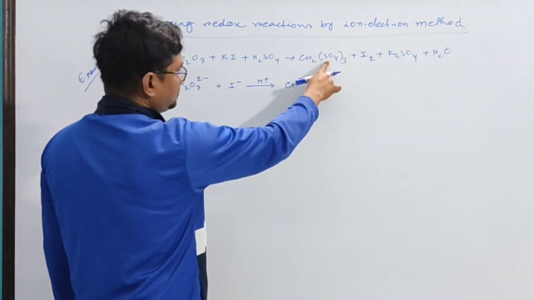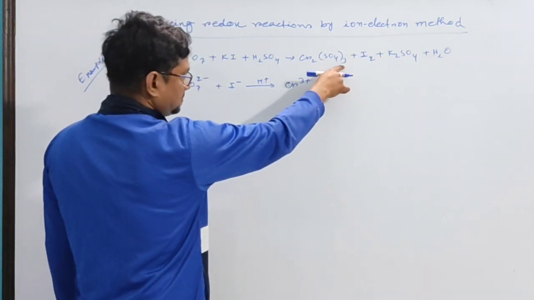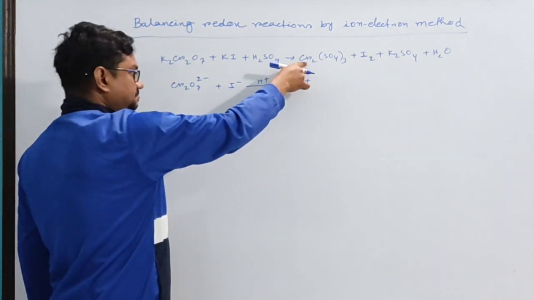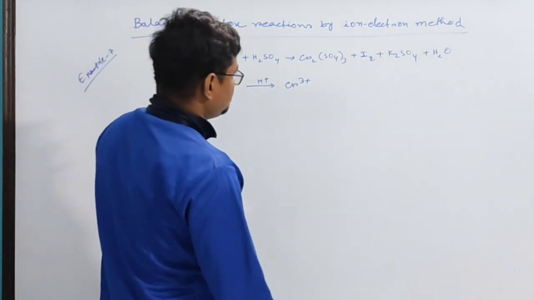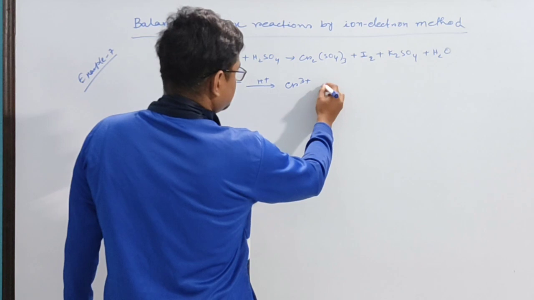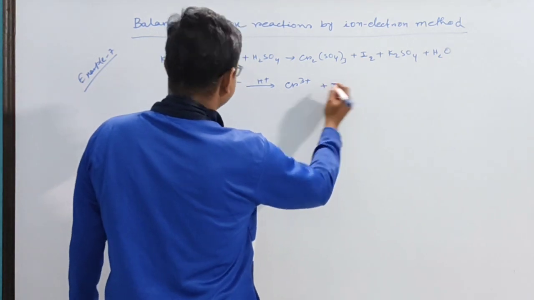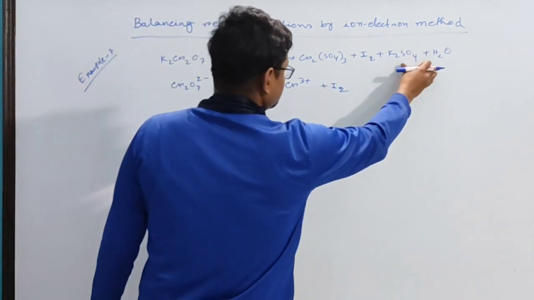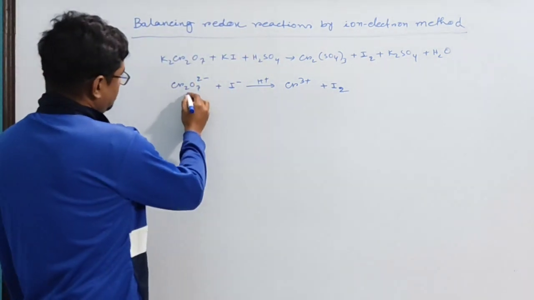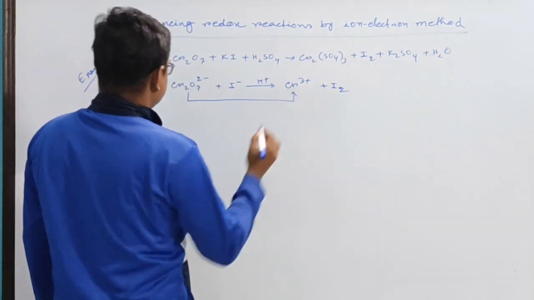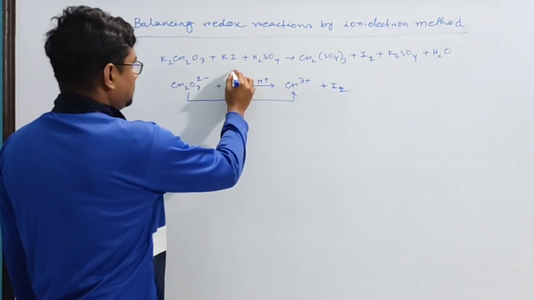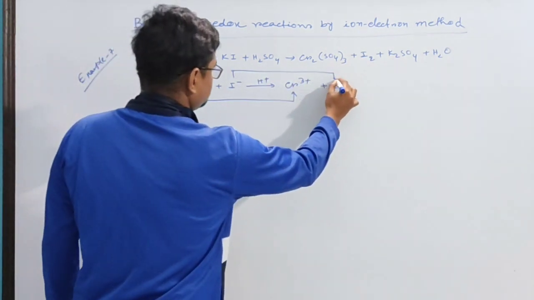We can calculate here 3 sulfate means 6 negative charge, which is balanced by 2 chromium, so it will be 3 plus charge for each chromium, and this is called chromic ion, and giving I2, iodine. This will come after we balance the reaction. So the change is dichromate ion is going to chromic ion and the I minus is going to iodine.